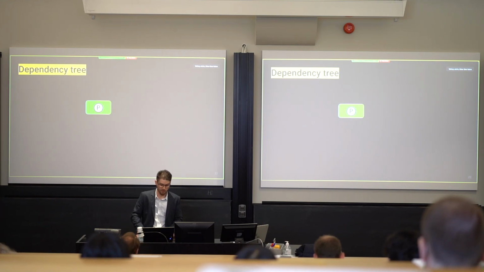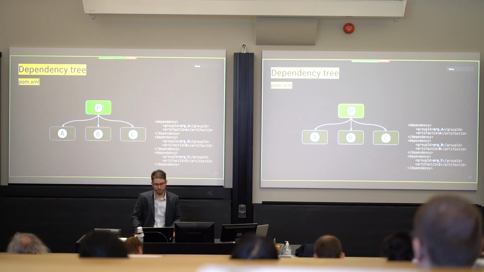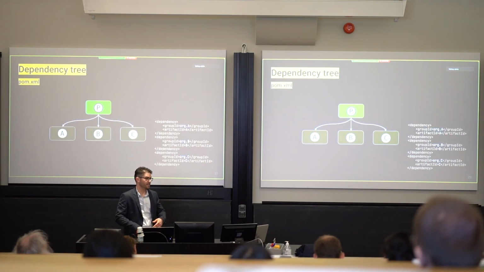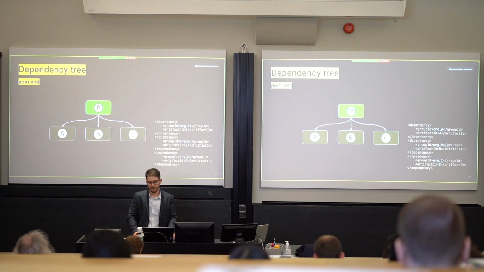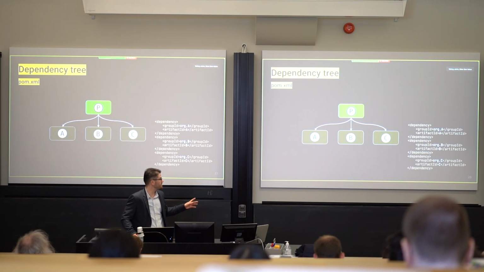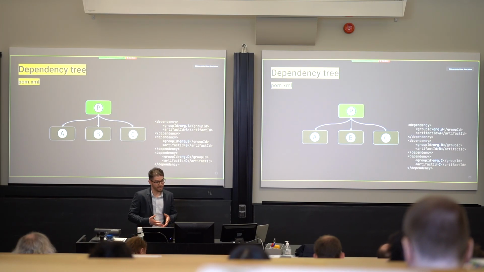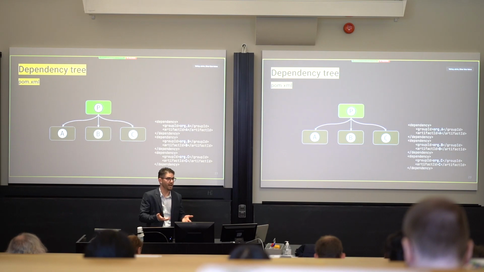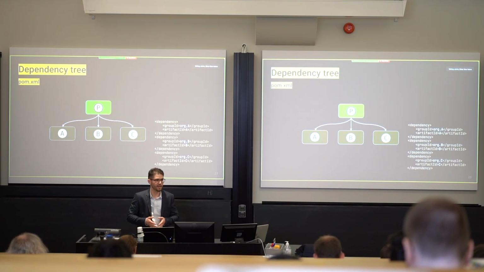This is the representation of the dependency tree. Let's say for a general project P, in the case of Java and Maven, you have 3 dependencies. In this case, dependencies A, B, and C, which are declared by the developers of the project P in something called the pom.xml. And pom.xml is a configuration file where developers declare the dependencies that they intend to use.